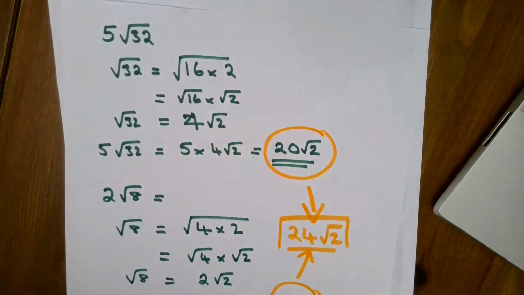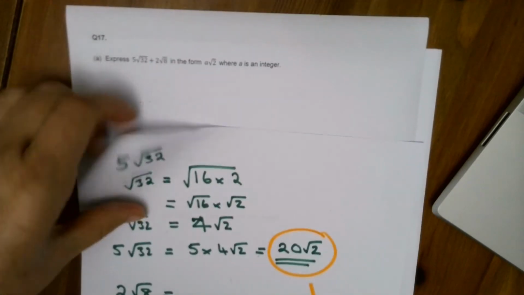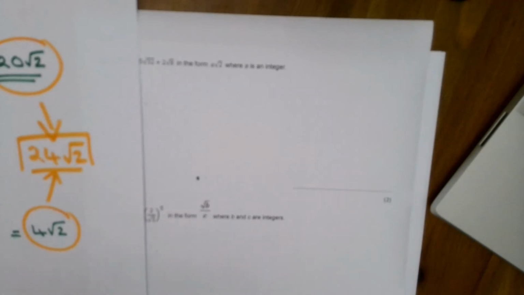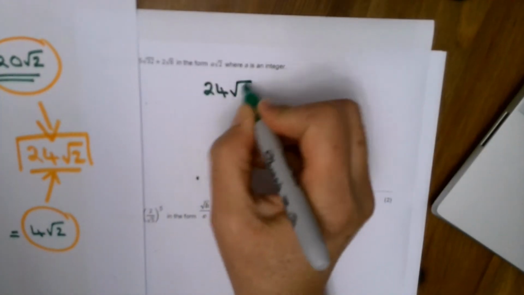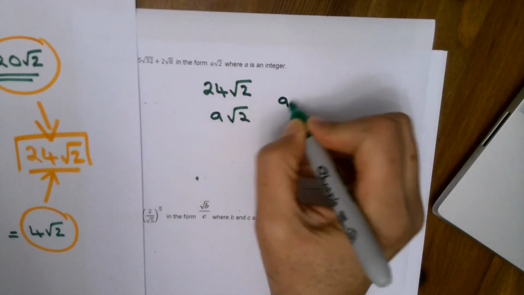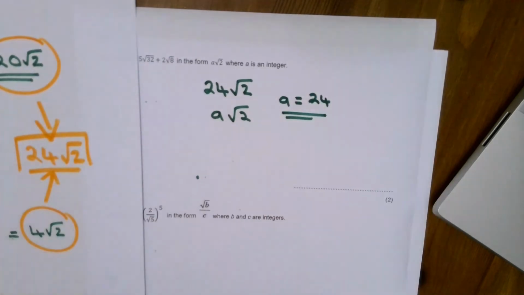If we go back to the question, you were asked to put it into the form a root 2, and our final answer is 24 root 2. If you compare it to a root 2, I can see a is 24 and a is an integer.